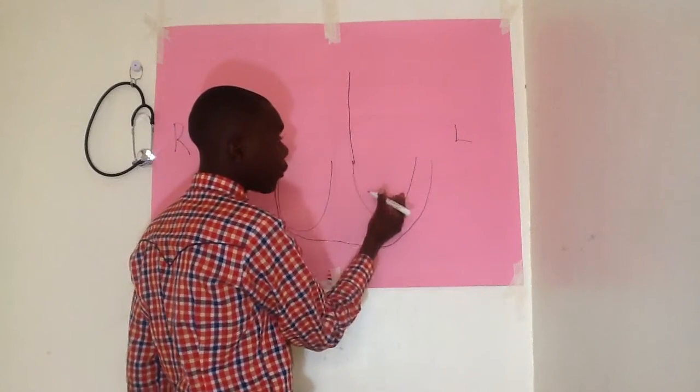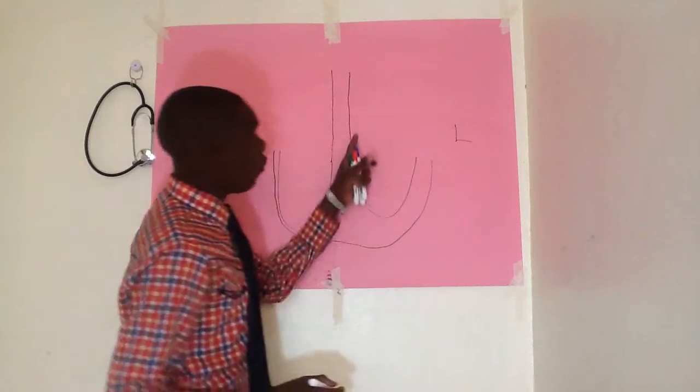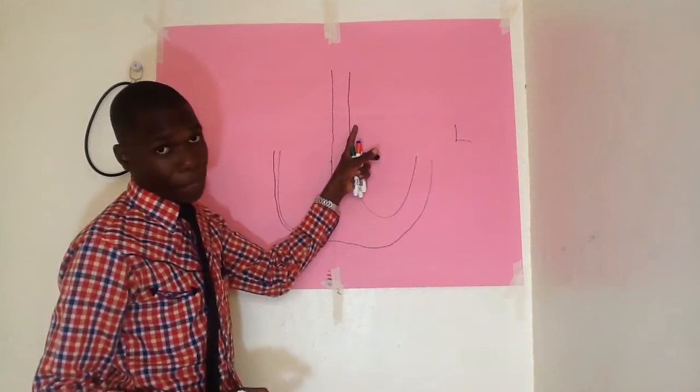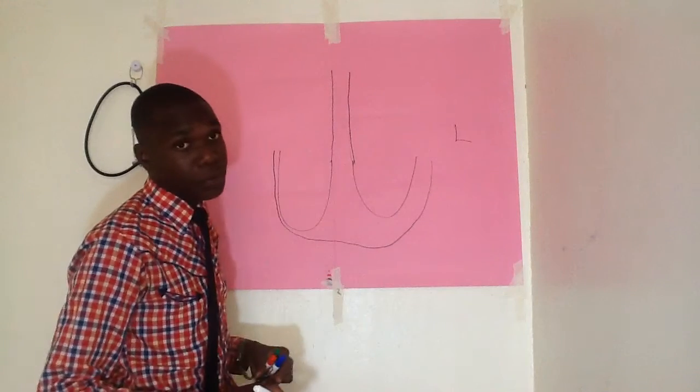From our left ventricle, we have a blood vessel, an artery, which carries blood away from the left ventricle.